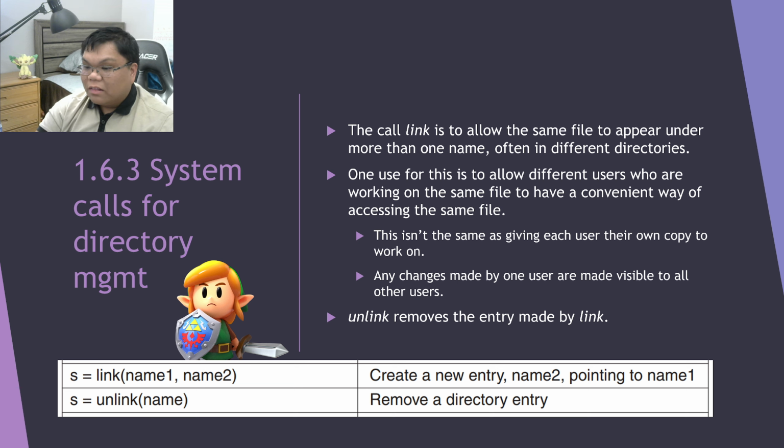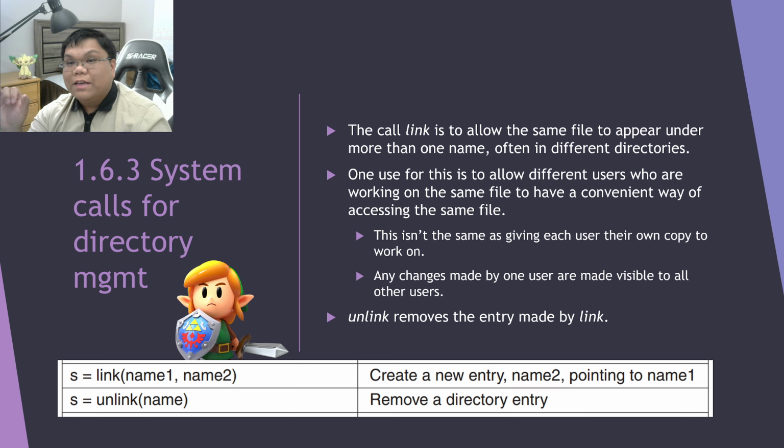We can also link directories. The system call link is to allow the same file to appear under more than one name, and often in different directories. So imagine you have a file shared between two users and they want to be able to access the same file in a convenient way.